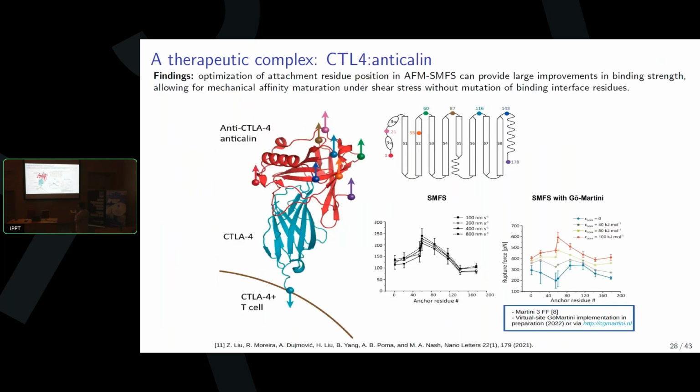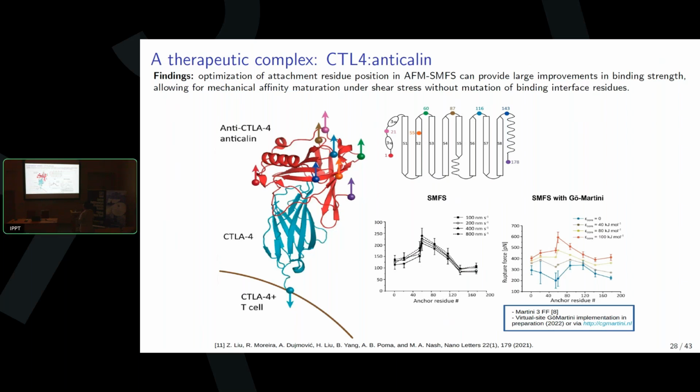This case is well known. Experimentally, what they found before us was that they wanted to optimize the anticalin protein by pulling from different residues.